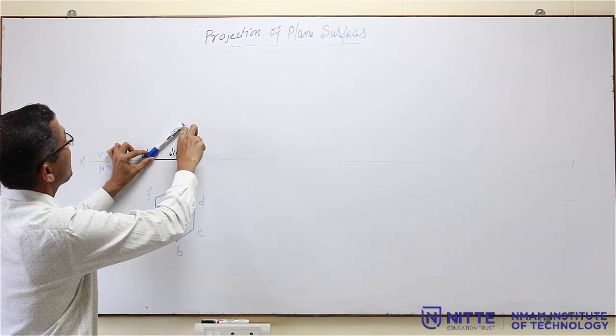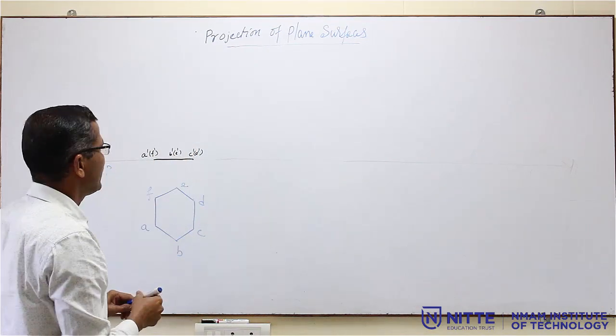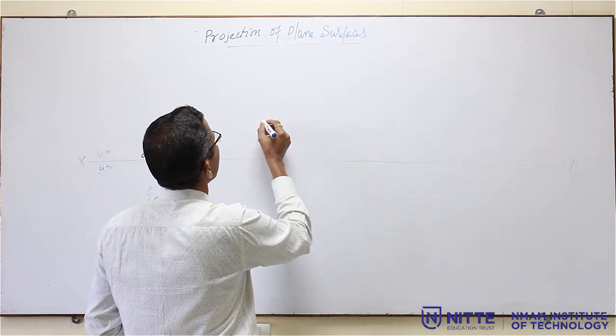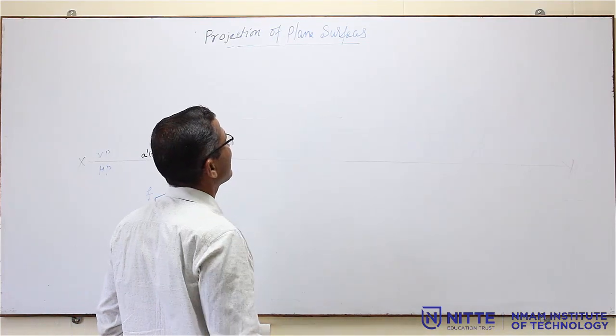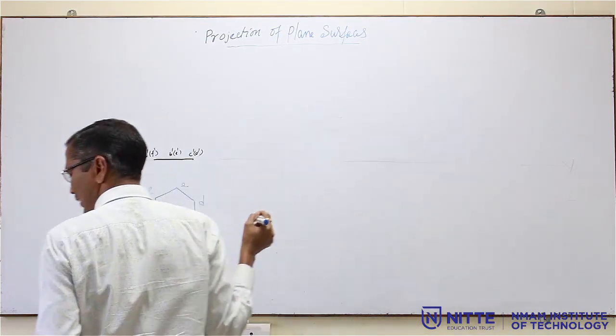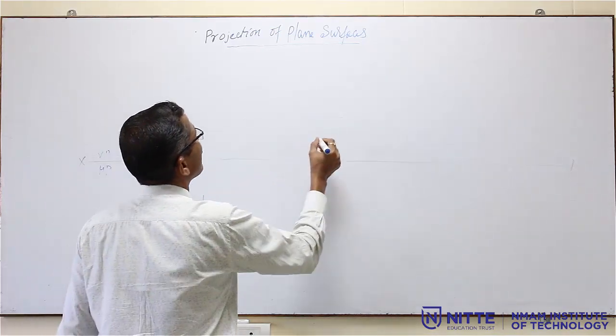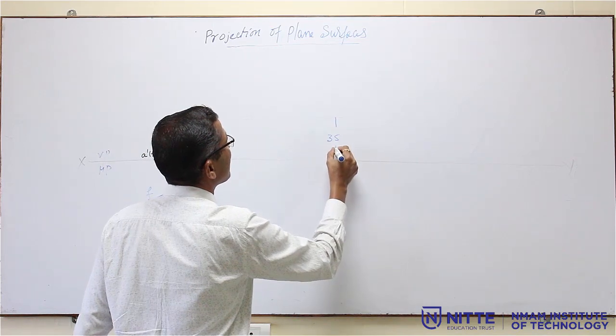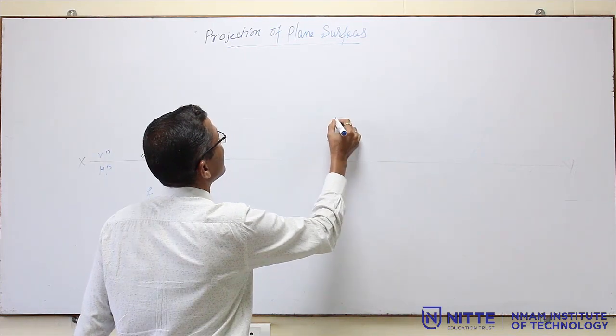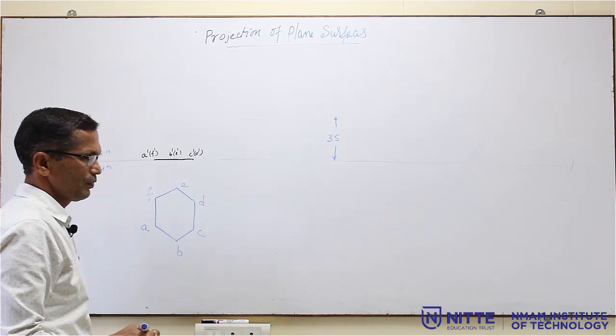This distance they are given 35 mm. So, for this here I have to draw a light line like this, one light line at a distance of 35 mm from the XY line. From the XY line, this distance is 35 mm.